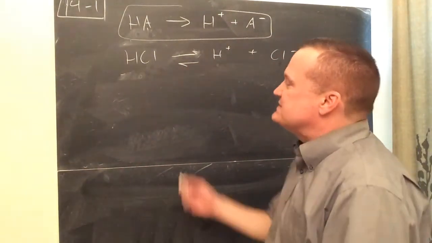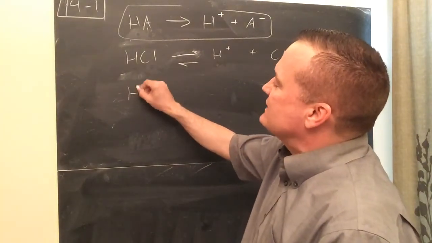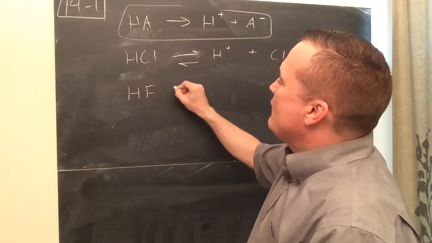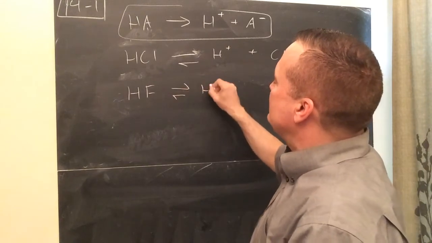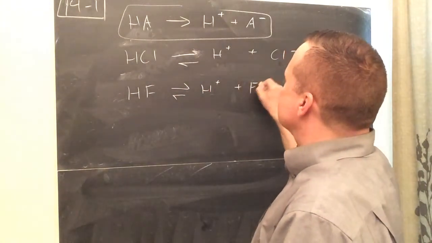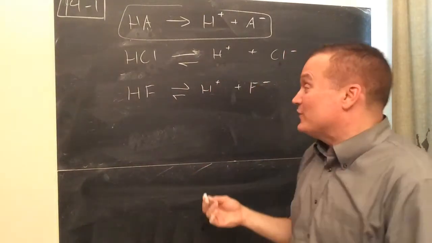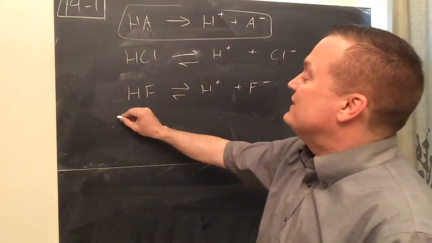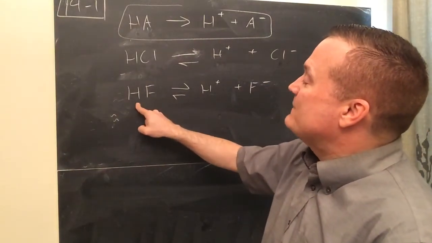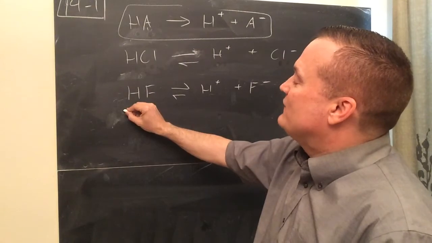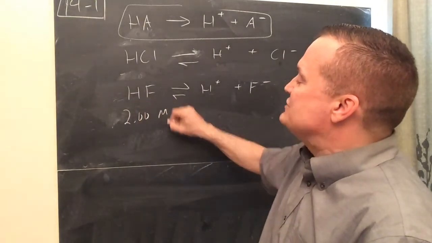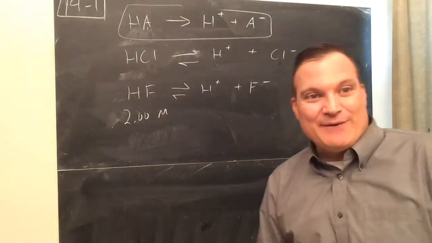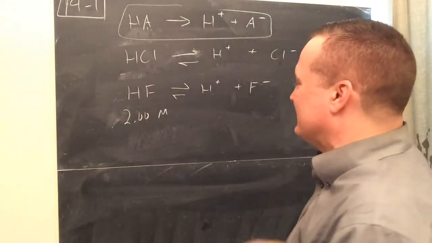Now, for the weak acids, anything that is not on the list, let's look at HF, for example. Well, HF, yes, it will break up into H plus and F minus, but it's going to be almost the reverse. Almost all of it will be HF. So if I started with 2 molar HF, I'll have to calculate it. We have to do ICE box later on. That's coming later.